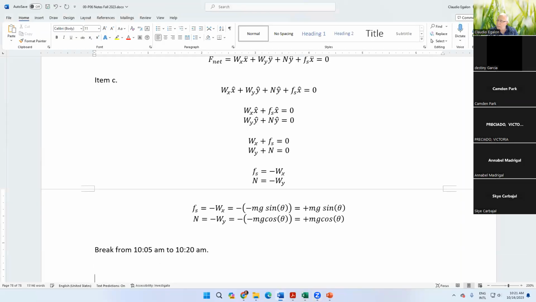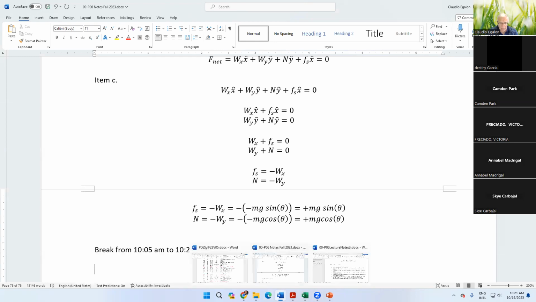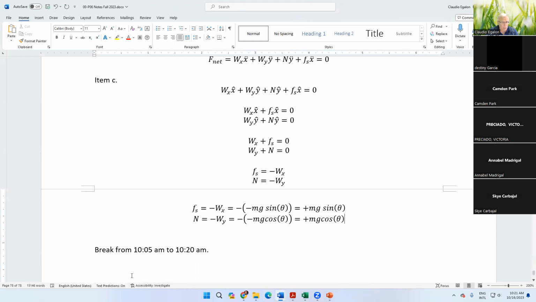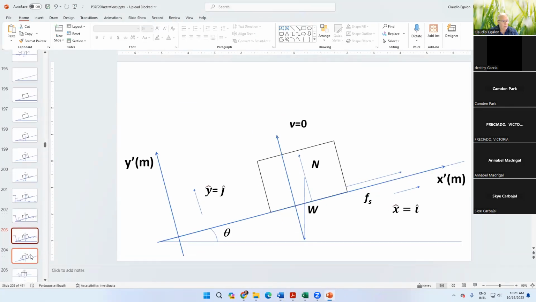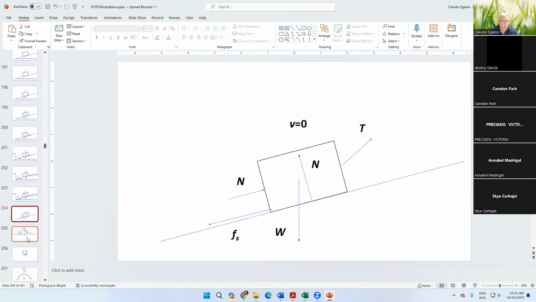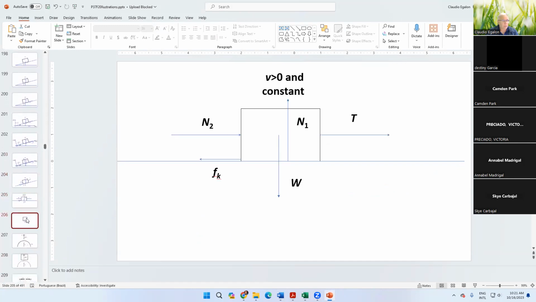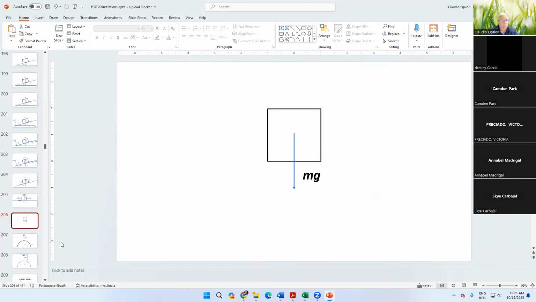Okay, I'm back here. So consider that we are done with this part of the first law of Newton. And now let's go for Newton's second law. Here's an illustration of the weight.